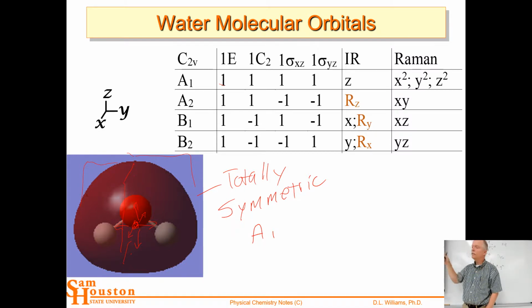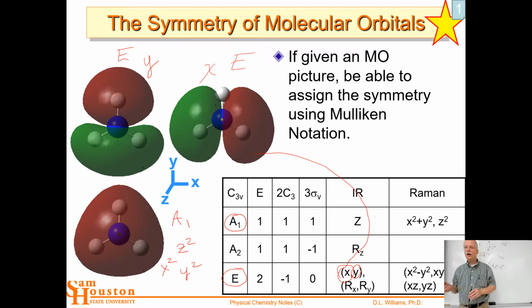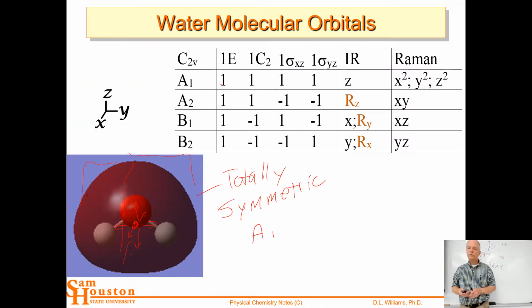The E column, if you'll go back a couple, tells you under the identity operator whether it's a 1 or a 2. So in E, it's 2, meaning that it's doubly degenerate. There's also a T, which would be triply degenerate. So this is totally symmetric, so it's going to be the A1 symmetry. If you were to do the flow chart, you would see the x squared, the y squared, the z squared also would lead you to the A1 symmetry.